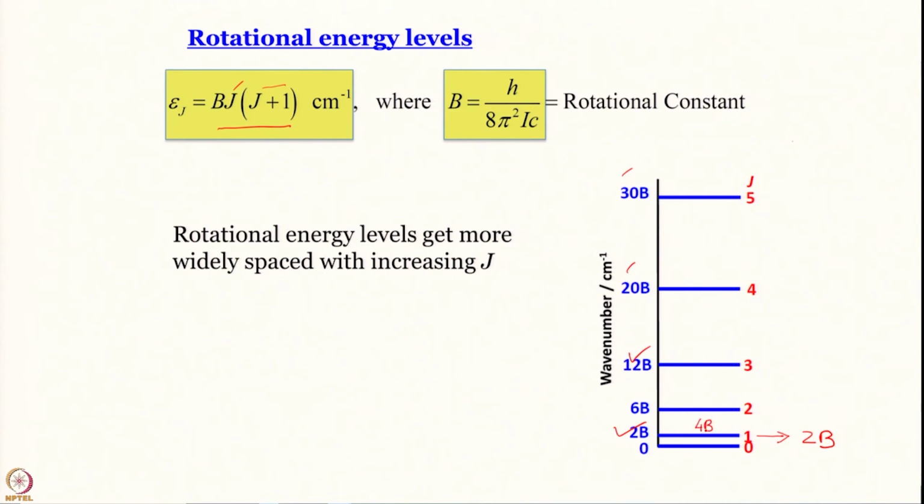What is the energy gap between j equal to 3 and j equal to 2 levels? 12b minus 6b, that is 6b. You see a pattern coming up. J equal to 4 and j equal to 3, 20b minus 12b, that is 8b, and j equal to 5 and j equal to 4, 30b minus 20b is 10b.